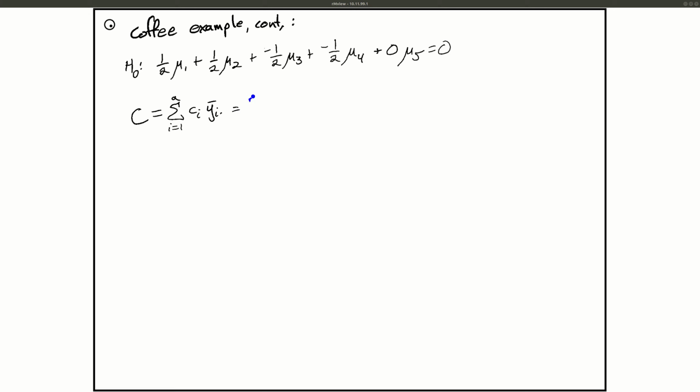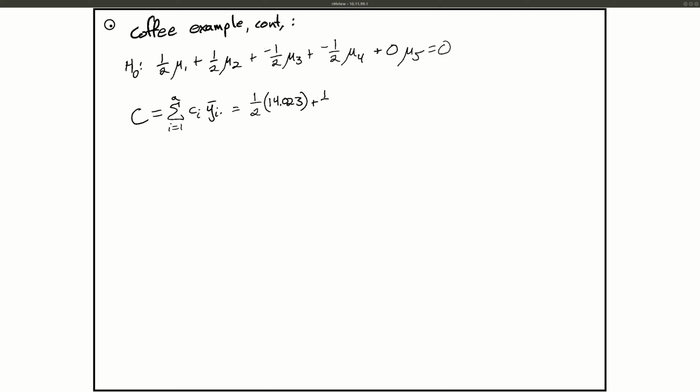Well, C1 is 1/2 here, and what's our sample mean for recipe 1? That was 14.023.